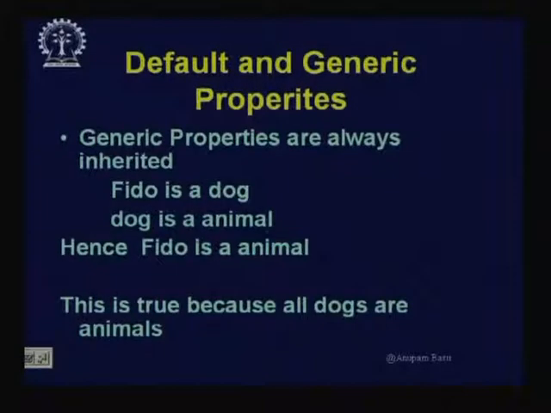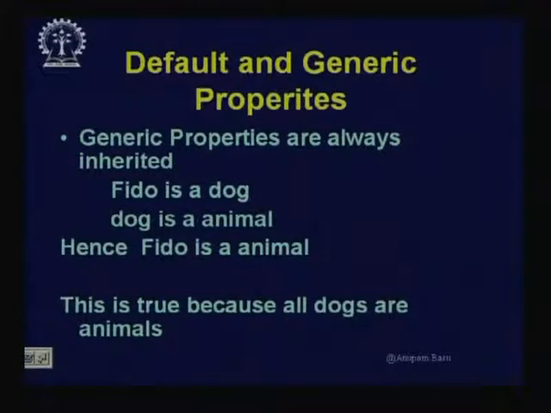Now, it is necessary to distinguish between two very important categories of properties. One is the default property and the other is the generic property. Generic properties are always inherited. For example, Fido is a dog. Dog is a animal, but this is not a grammatical error, okay, because we are talking of the is-a relationship.